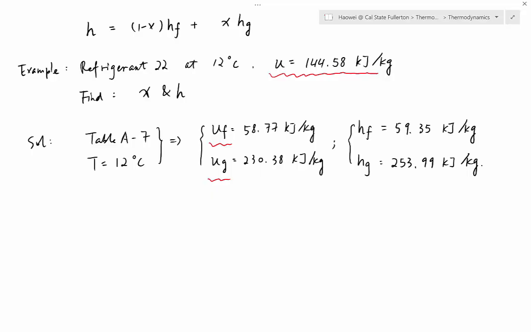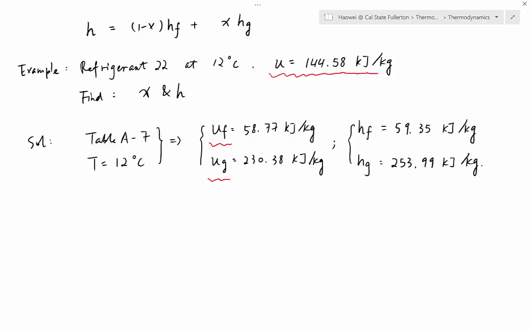Okay, so for example, our actual u is 144.58, which is between uf and ug. What does that mean? That means our substance must be between point f and point g. If our substance is between point f and point g, then it must be a mixture of point f and point g.